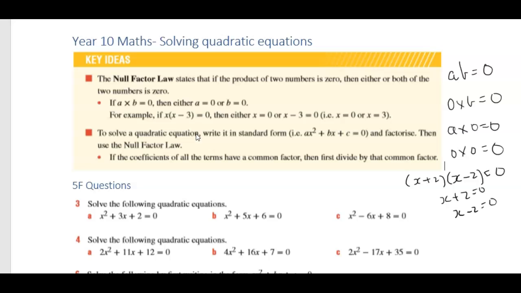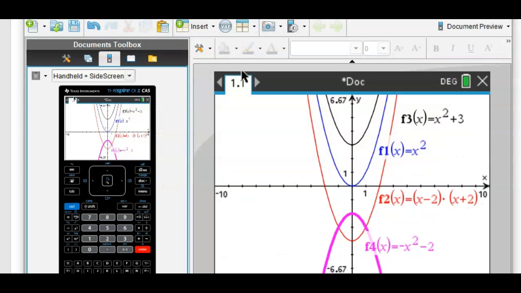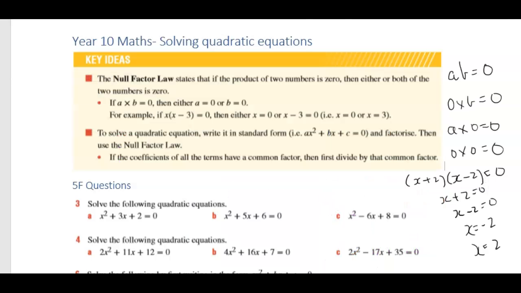When we're solving quadratics, we're not looking at singular numbers, we're looking at the factorized form, and they're usually terms within a bracket. That means x is equal to negative 2 from the first equation, and x is equal to 2. And as you can remember, let me get it back on my graph. This red one did cross the x-axis at 2 and negative 2.